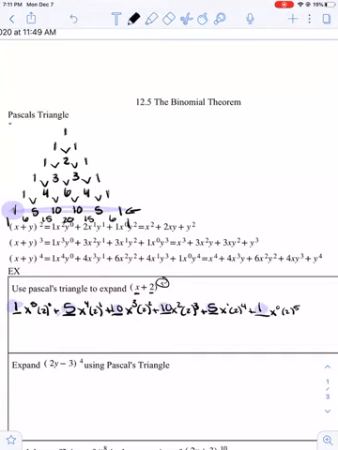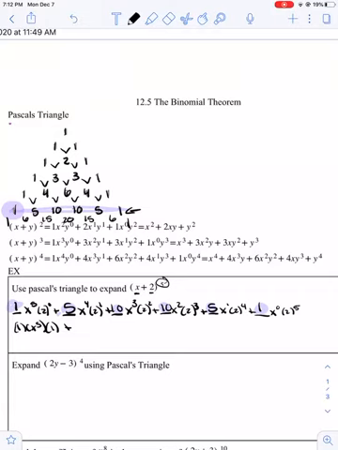So now that we have it all written out, we're going to start simplifying and combining like terms if it ends up being that. So x to the 5th is just x to the 5th. 2 to the 0 is 1. So it's like 1 times x to the 5th times 2 to the 0, which is 1, plus x to the 4th is x to the 4th.